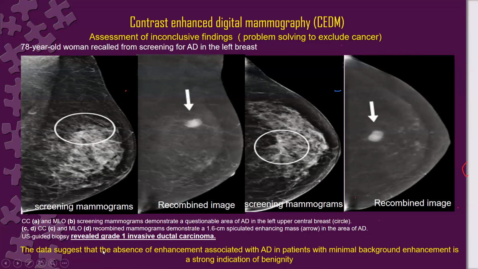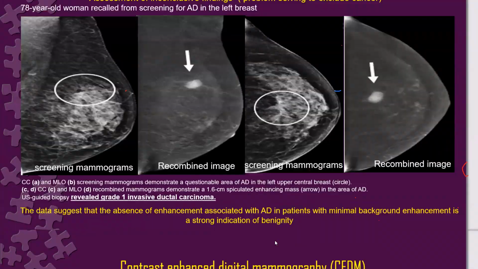So the data suggest that absence of enhancement associated with architectural distortion with minimal background enhancement is a strong indication of benignity. If you have architectural distortion and the contrast study demonstrates no enhancement, that means strongly benign, and the architectural distortion is due to a benign process.